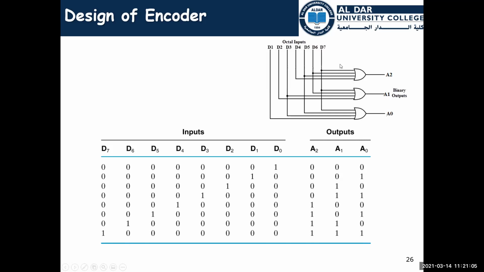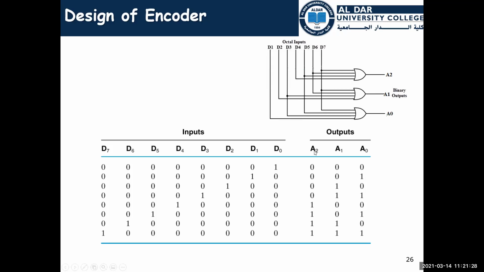As you see, we will not use the first line, which is D0. We will not use it in A2 or A1 or A0. So here we will not find D0. Why is there no D0?